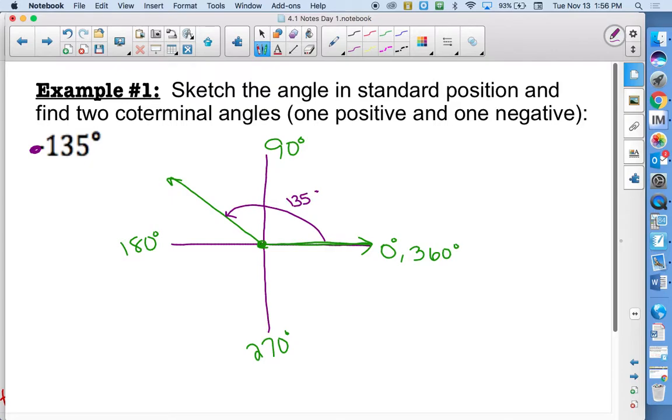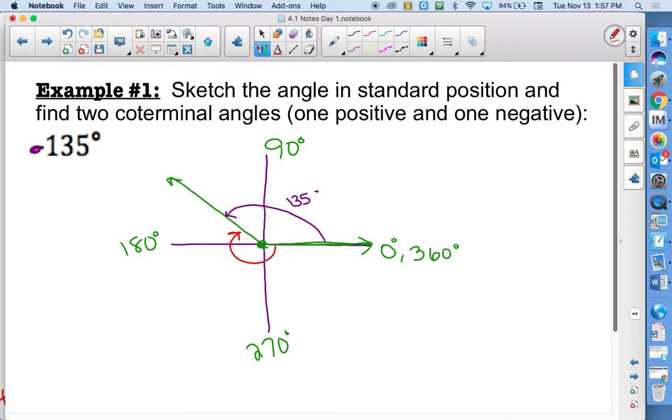The last two things: after we've sketched it in standard position, we want to find a positive and a negative coterminal angle. That means we want to know the angle that goes underneath and meets in the other direction. That would be one coterminal angle. How can we find that? Libby? Subtract 180.